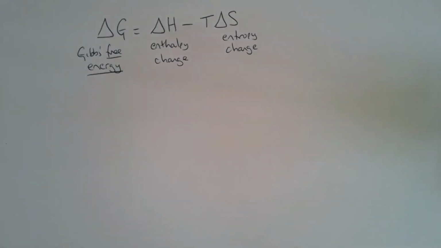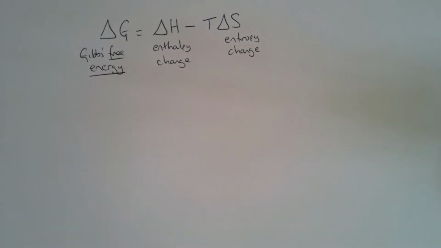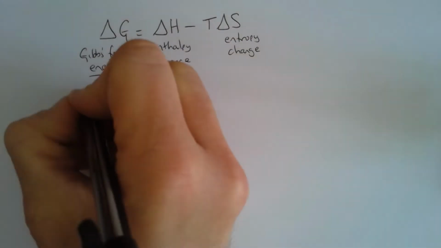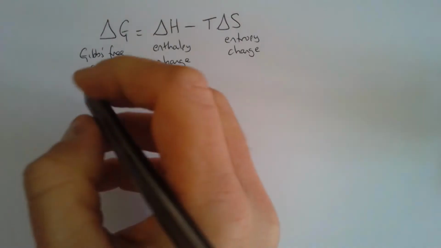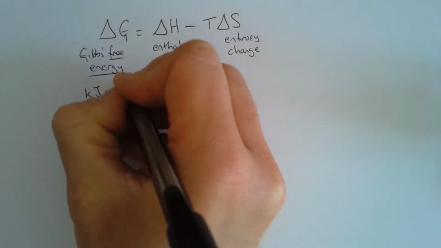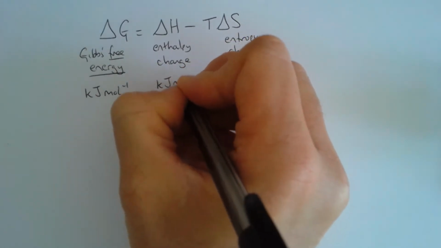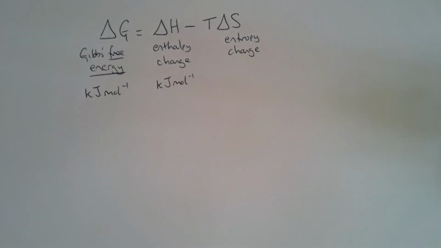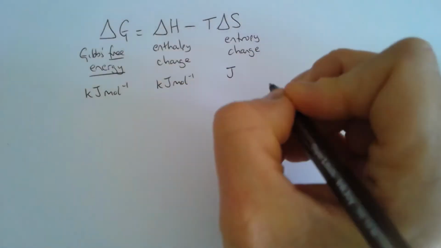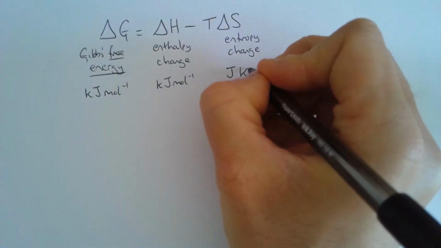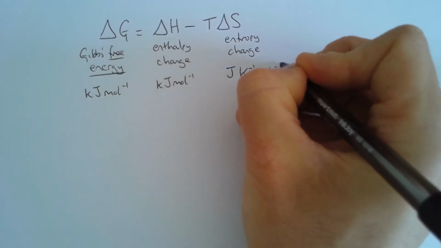Now there's a few things we need to be aware of in terms of the units here. Gibbs free energy is frequently needed to be quoted in kilojoules per mole. Enthalpy changes will almost always be given to us in kilojoules per mole, but entropy changes, because they're small numbers, are often in joules per Kelvin per mole.